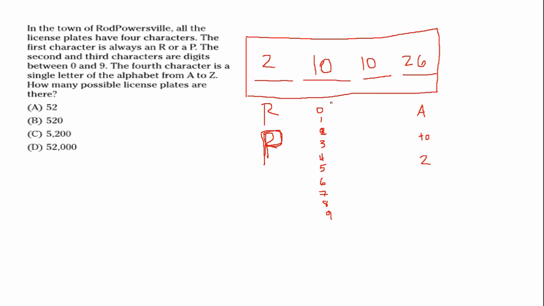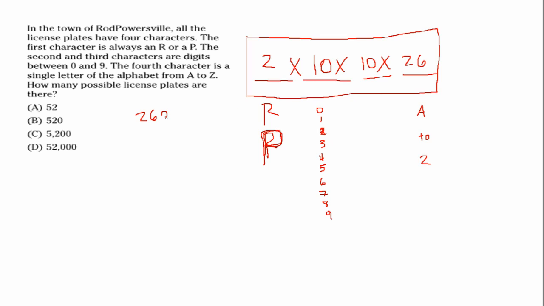To find out how many different possible combinations there are, you simply multiply these all together. 2 choices times 10 choices times 10 choices times 26 choices. And this turns out is not that hard to do mentally. 10 times 26 is 260, times 10 is 2600, times 2.